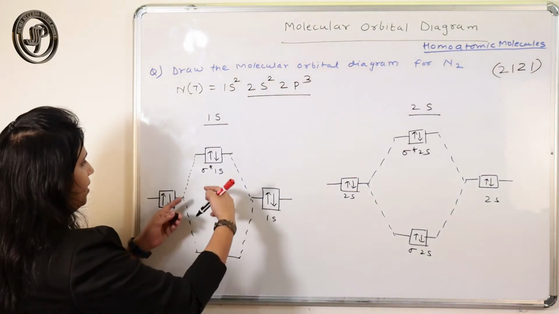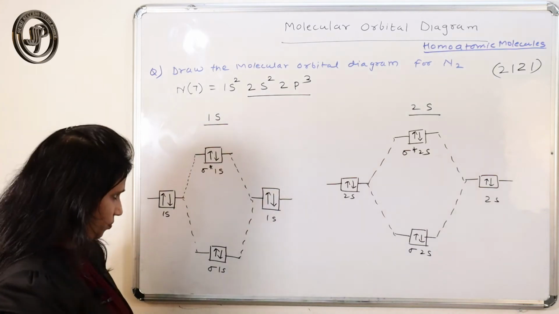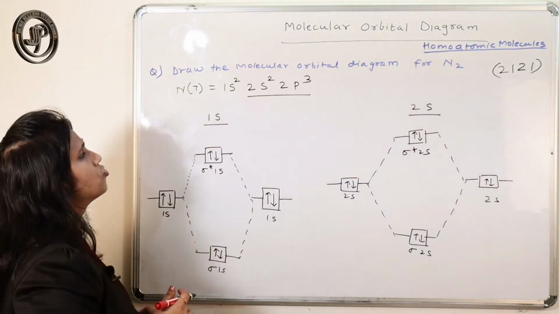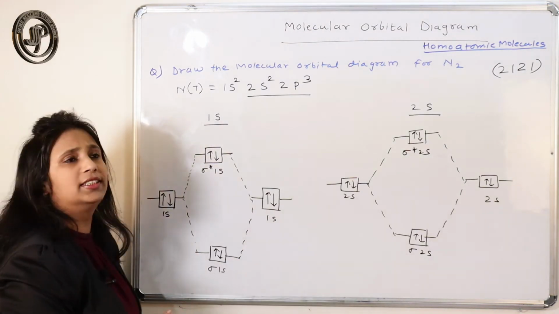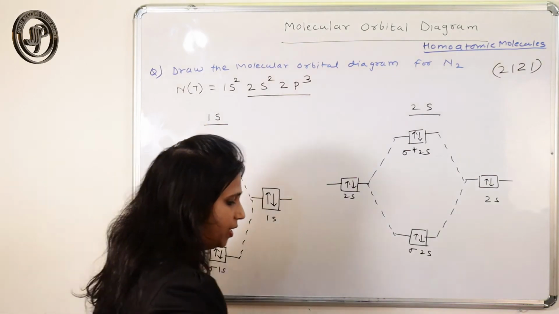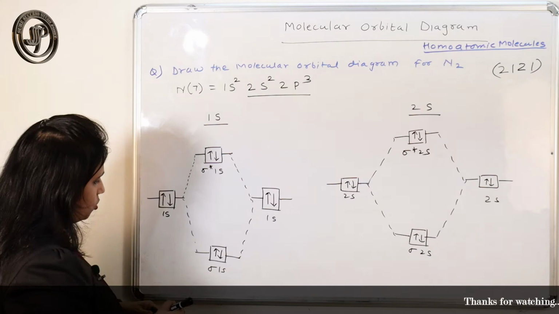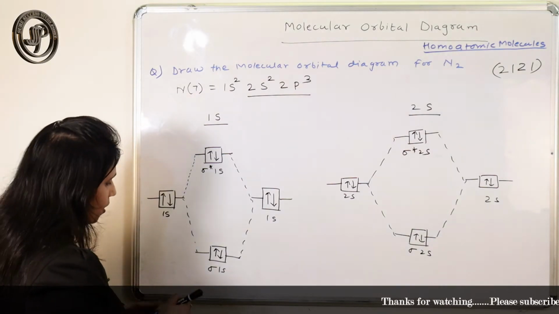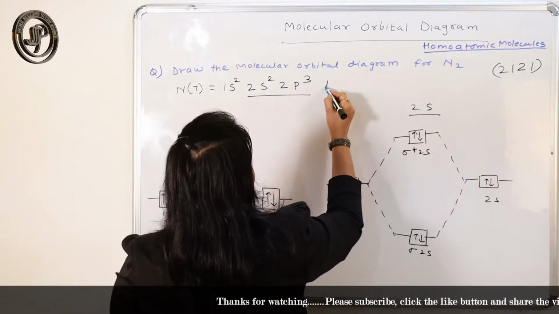1s के लिए bonding anti bonding, 2s के लिए bonding anti bonding. Since I have to draw it for 2p also, I need to erase 1s and 2s. So I am writing how many electrons I have put in sigma 1s and 2s and all this. Just I am writing the configuration for N2.